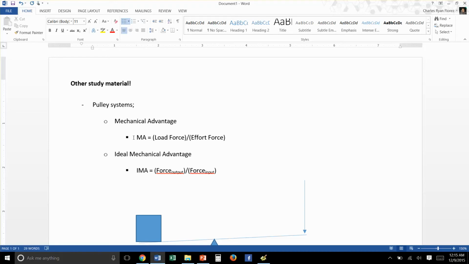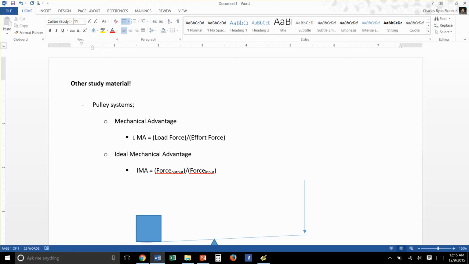In the problem that's in the review, their pulley system divides the load to where you're only pulling 1/32 of it. So pulling 1/32 of that load is almost nothing.